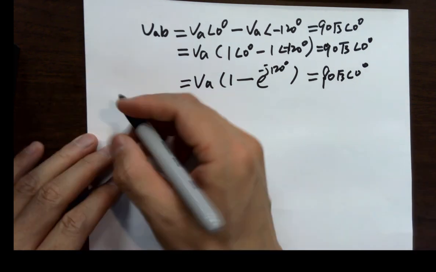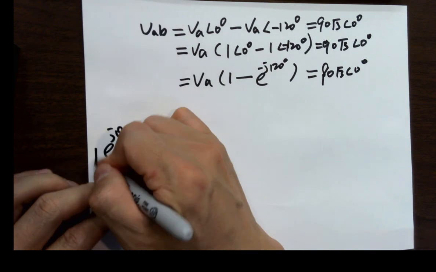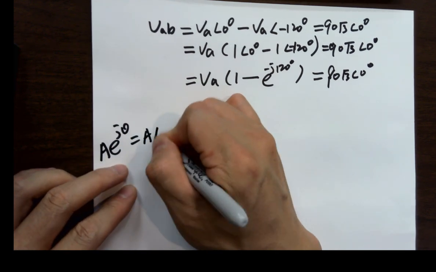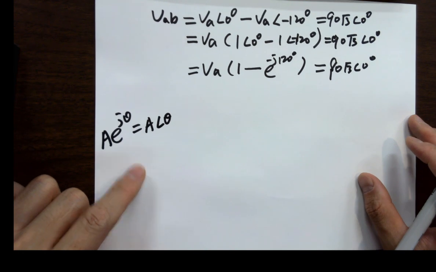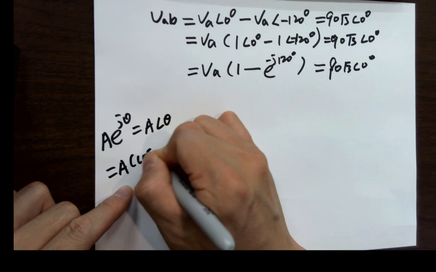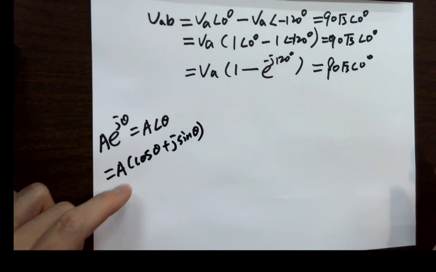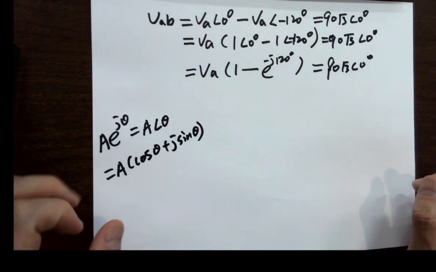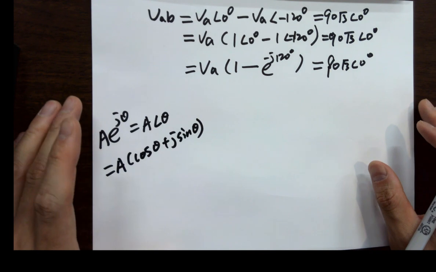Remember phasors? e^(jθ) equals what? That's amplitude A, and this equals A cosine theta plus j sine theta. This should be something on your cheat sheet, or remember it, it doesn't matter.